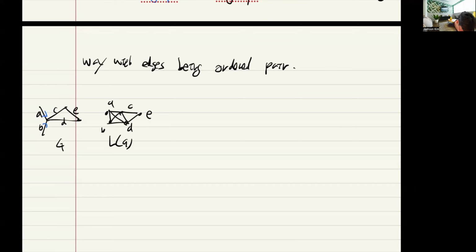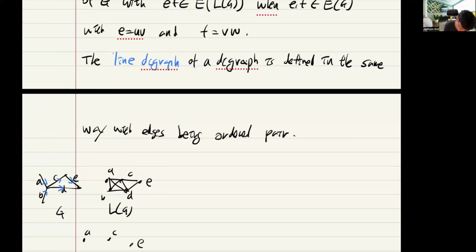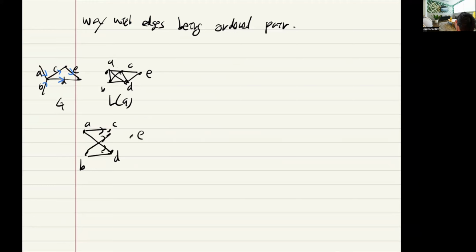And for the diagram, what? A, B, C, D, E. How does it work? You go from u to v and then v to w. So that means from here to here, A to C, A to D, but not A to B. A to B is not okay because B is going this way and then it's going this way.